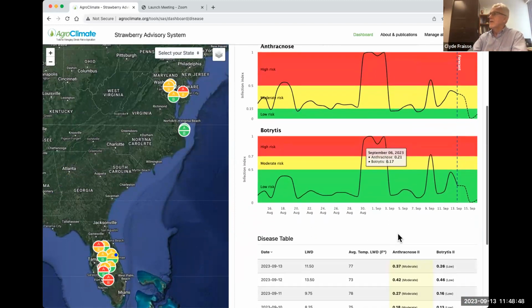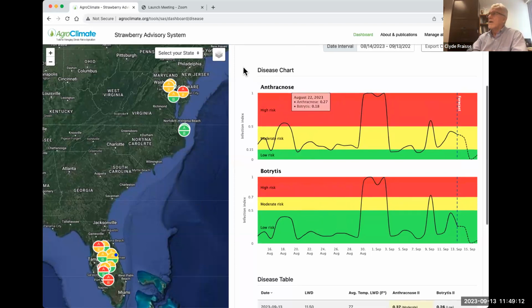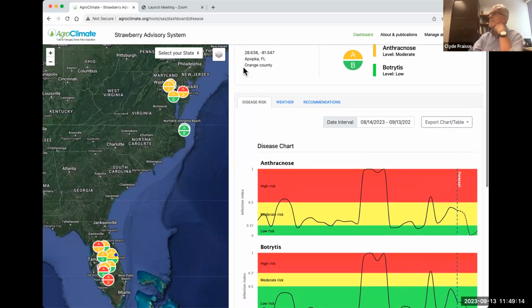And this was a request because many times you don't want to learn, oh, we have a risk now. Should I go spray? Especially in areas like South Carolina, where they were asking this when we were testing, that they have heavier soils and they cannot get the equipment in the field once it starts raining. So they want to know ahead of time.